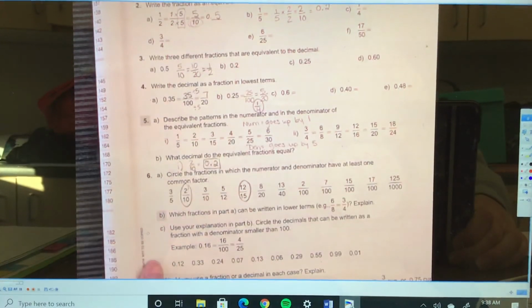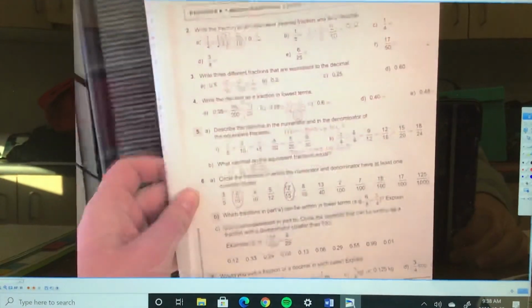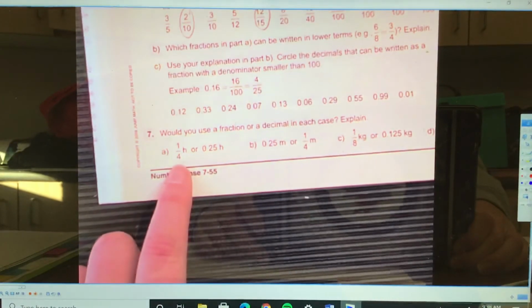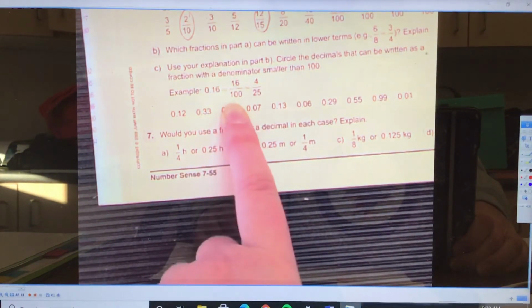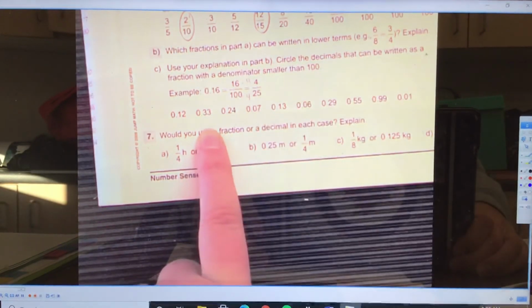Okay, so as we're looking at question C, we need to think about, I'm going to move this down here. Zoom in. The example they give is 0.16. So that's 16 out of 100, and we can divide it by 4 to get 4 out of 25, correct?